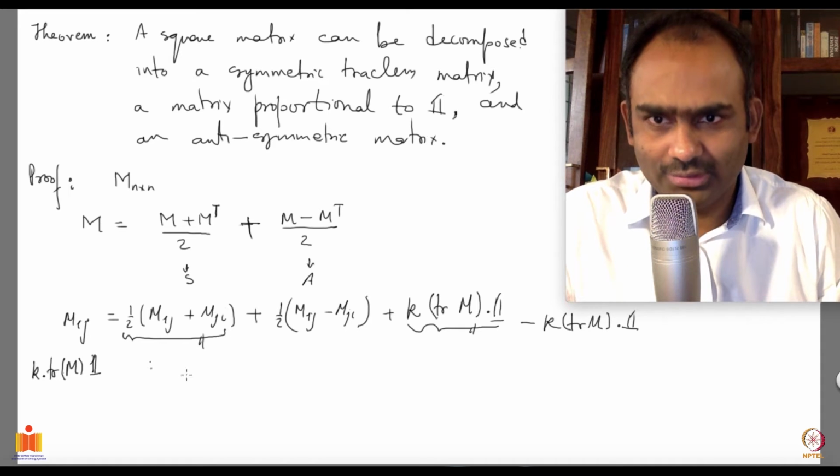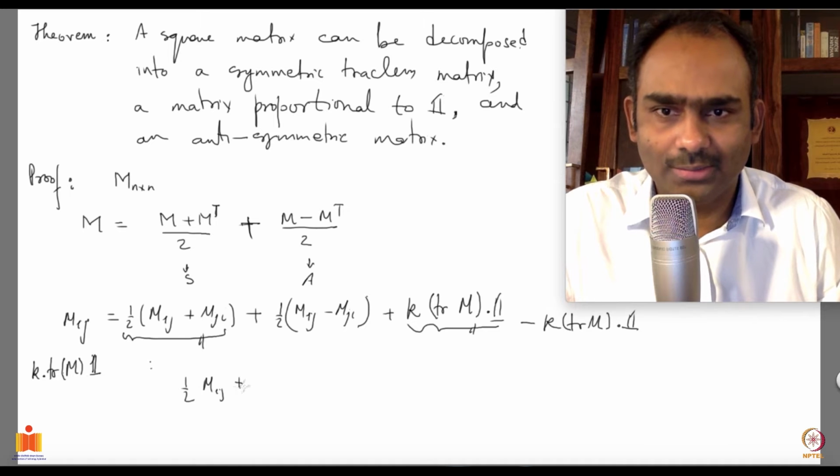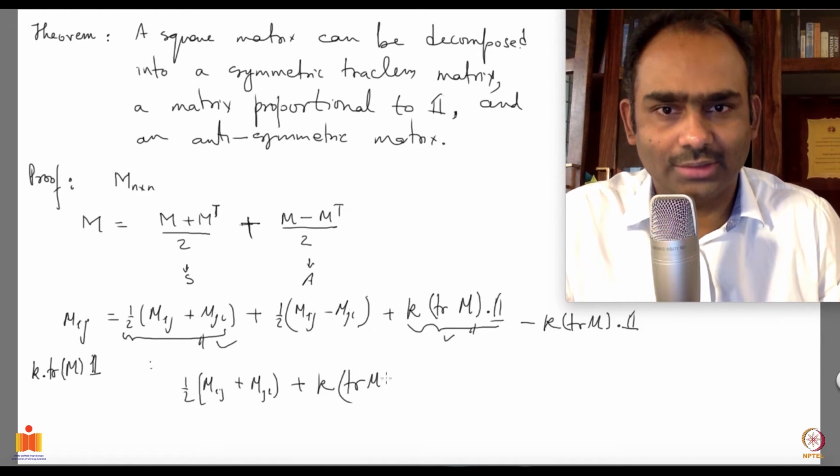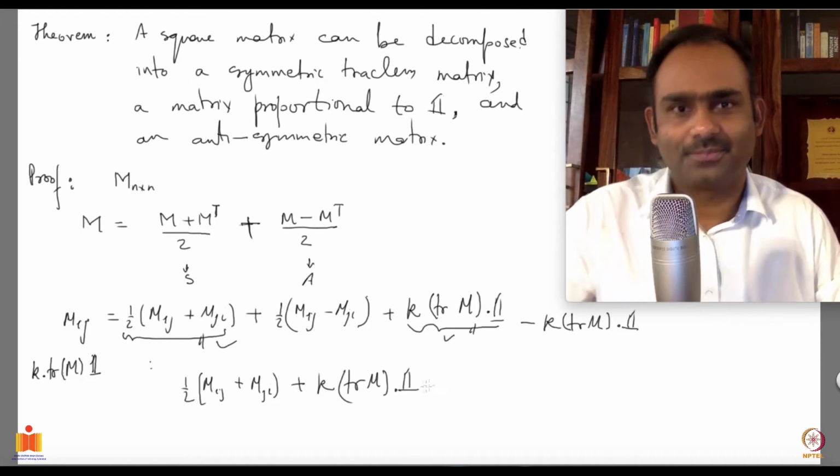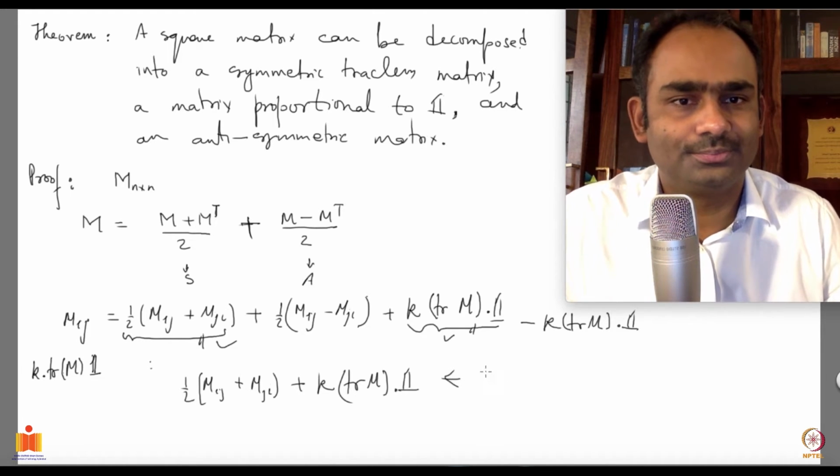So let's see. What I want to do is take half (Mij plus Mji), the term here and the term here, plus k trace of M times identity. I want this piece to be traceless. That's what I require.